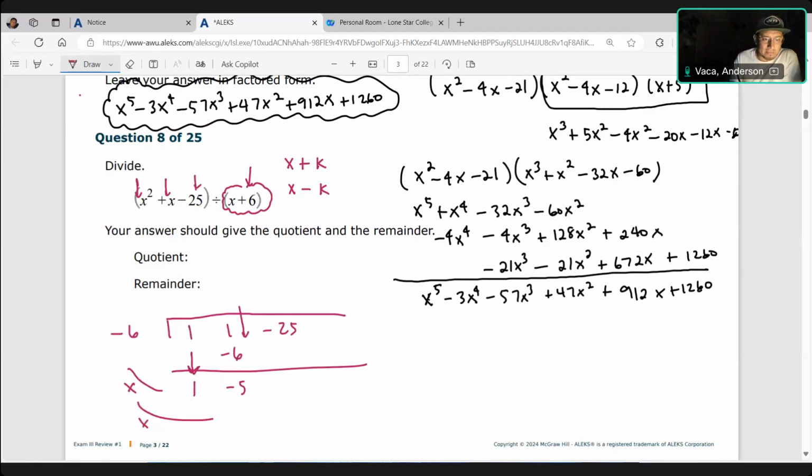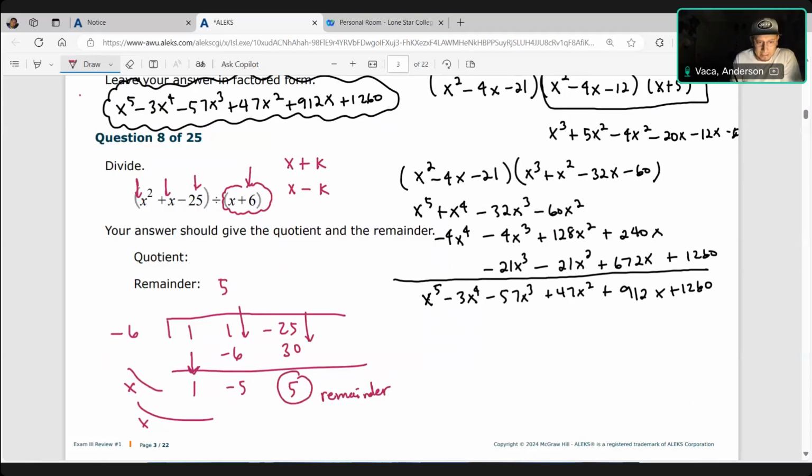Multiply again, always multiply bottom with this number. So we get a 30, and then we combine, and we get positive 5. So what is the quotient? Let's start with this. This is the remainder, so that's going to be a 5.